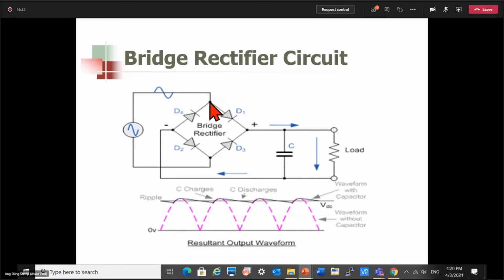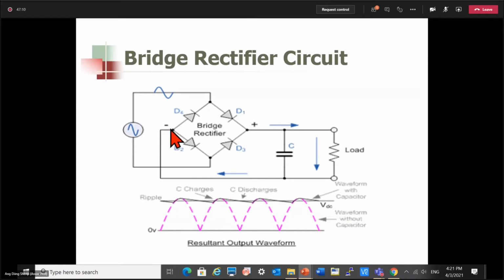So this point here will become positive relative to this point, and therefore diode D1 can turn on easily. As I told you earlier, you only need a very small positive voltage to turn on the diode. So D1 turns on, allowing a current to flow through the rest of the circuit. And this current will return via D2, which is also turned on due to the way the voltage appears across the two terminals.